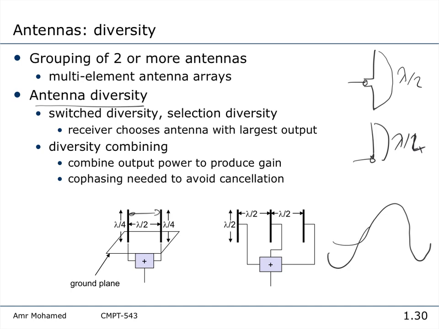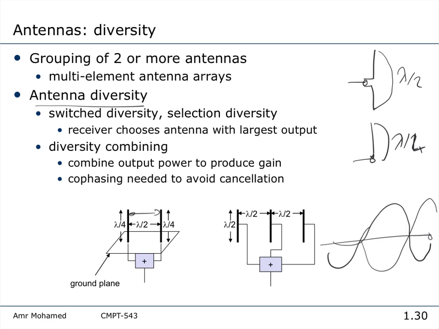lambda is the distance that the signal can travel in a period, T, right? This is the definition. So if you have lambda over 2, the two signals are something like this. So the phase between them in the air is clearly distinguishable.